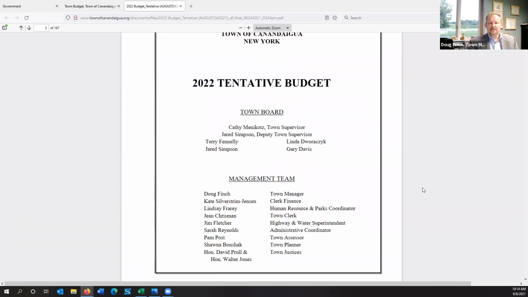The next sheet here in the budget just references our management team, as well as the town board: our town supervisor, Kathy Minicotts, deputy town supervisor, Jared Simpson, town board members, Terry Finelli, Linda Dorzak, Gary Davis, and Jared Simpson. And then our management team, myself, I am the town manager and budget officer.